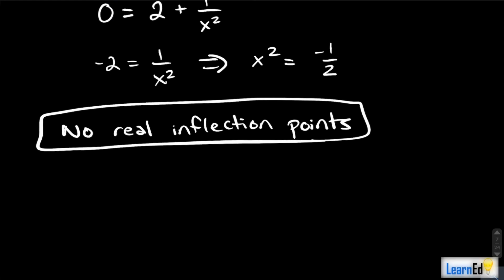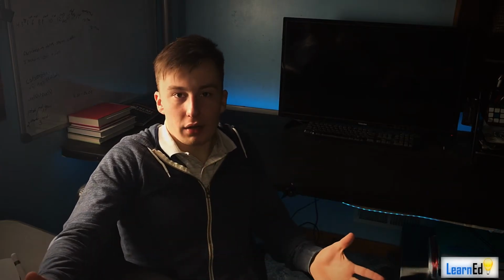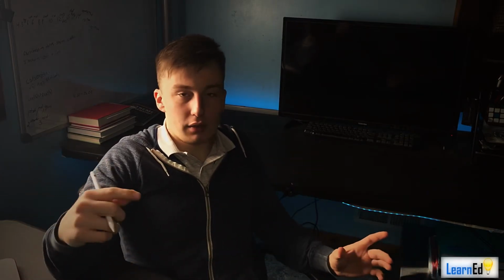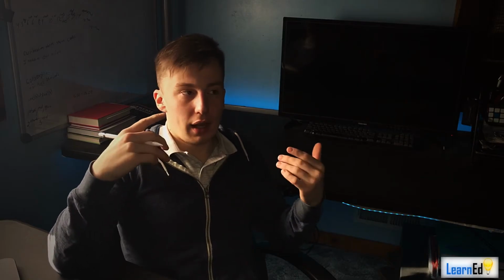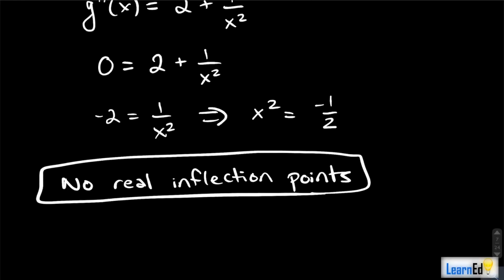So what we want to do now, we have to still find concavity. We know it's going to be either concave up or concave down on the entire interval. So we're just going to plug in a point on that interval, right, on the domain of the function, and that's it. We just see, okay, is that positive or negative? So I'll plug in 1, since we've been using 1 a lot, since it's a critical point.